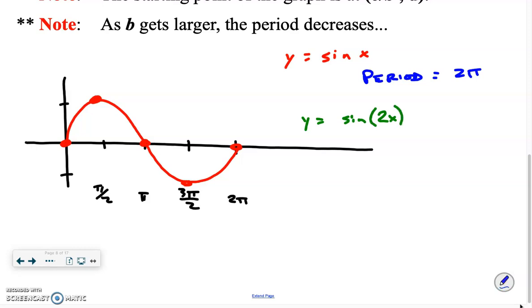Now, when we go to find the period, remember how we calculate periods? We take 2 pi and divide by b. Well, in this case, b is now 2. 2 pi divided by 2 is just going to be pi.